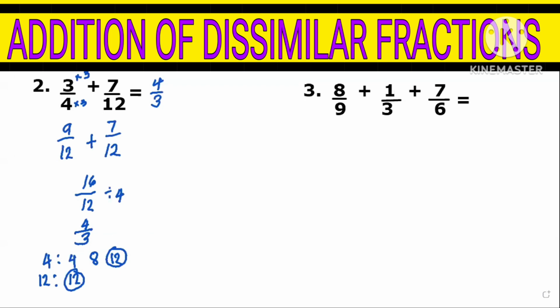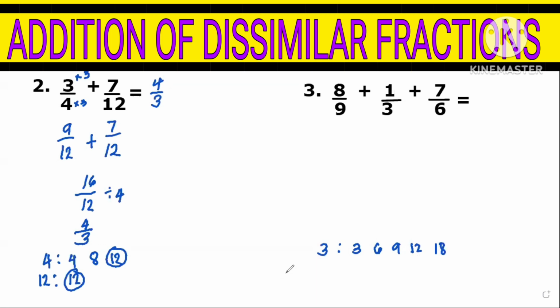Number 3, what if kapag tatlo na ang fractions natin, we have 8/9 plus 1/3 plus 7/6. So pareho lang ang steps, no? Just take the multiples of the denominators to get the LCM. So let's start with 3. So for 3, we have 3, 6, 9, 12, 18.